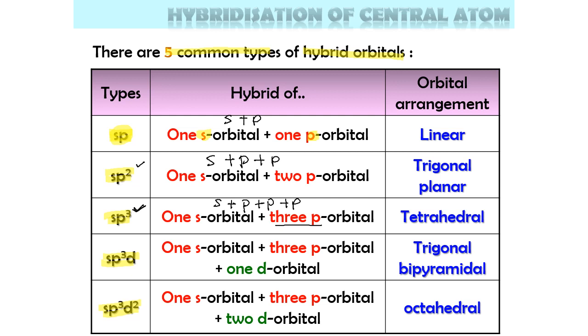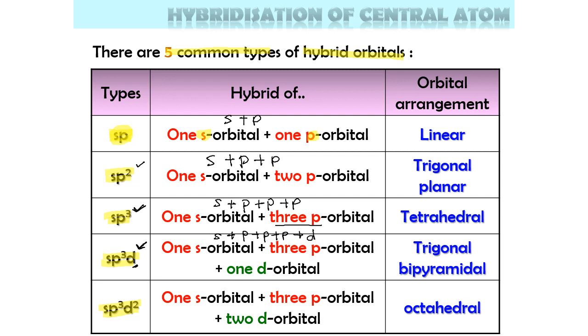Next, if you want to form hybrid orbital of sp3d here, means you need to mix s plus p, p, and another p, okay, and you have 1d here, plus d orbital.